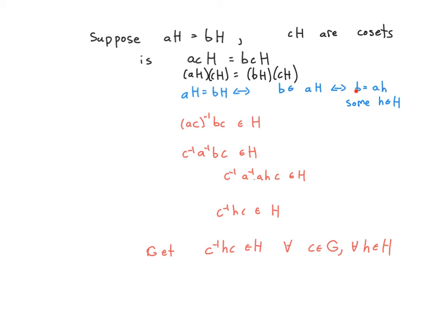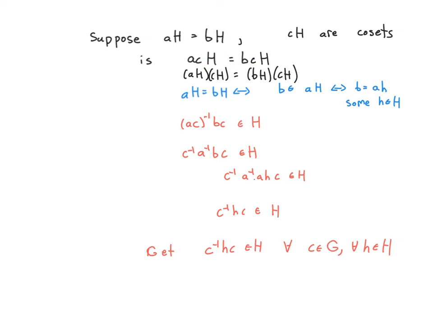We can replace B with AH here to cancel out the A's. And so we see that we arrive at this condition. We need C inverse HC to be an element in H for well-definedness with respect to this particular case.